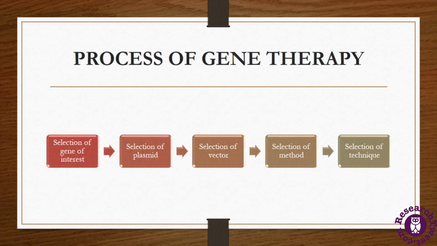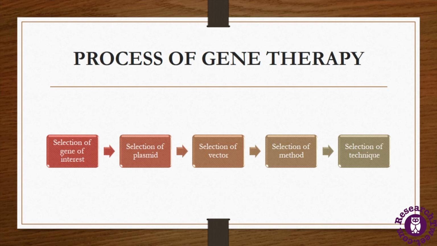Now let's understand the process of gene therapy and what the mechanism of gene therapy is. Basically in this process, the first step is the selection of the gene of interest. This is selected from the organism which has a healthy gene of interest, and after that there is a selection of plasmid, which can be a bacterial plasmid or any other plasmid, and then a selection of vectors. As we have discussed earlier, there are two types of vectors.